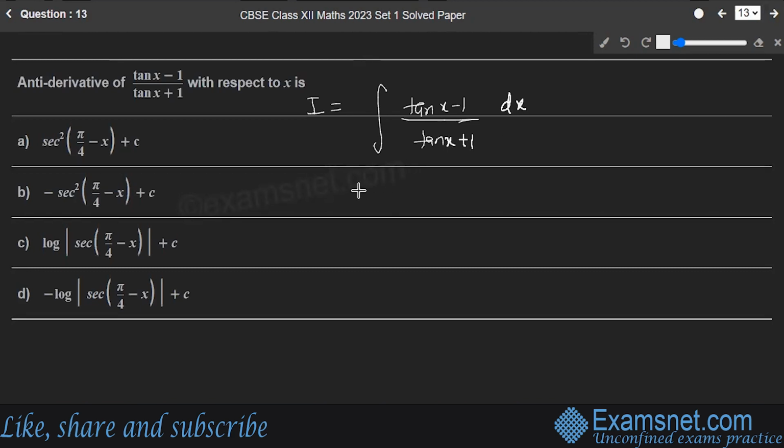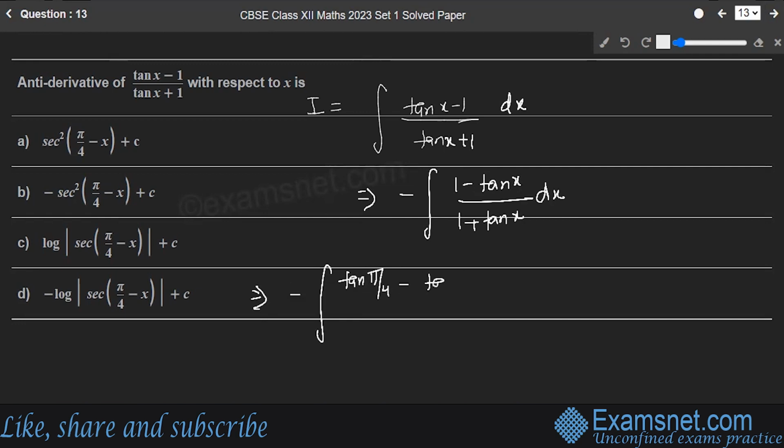So I'll take minus outside, and this can be written as the integral of (1 minus tangent of x) upon (1 plus tangent of x) dx. That is equal to minus, so 1 can be written as tan of pi by 4, so tan of pi by 4 minus tangent of x upon 1 plus tan of pi by 4 into tangent of x dx.